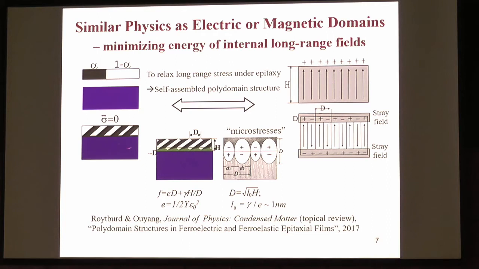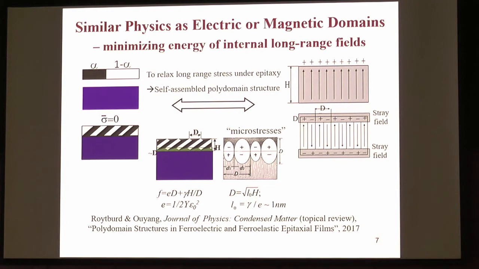Similarly, an elastic domain has similar physics. So you're eliminating the long-range stress field, and by forming the domain variants, you're basically reducing that into a micro stress field. And all this formula will be the same. The domain period will be a square root of the feature length.